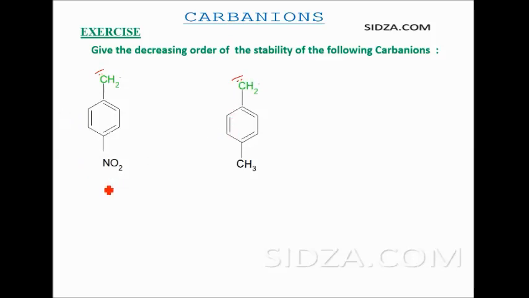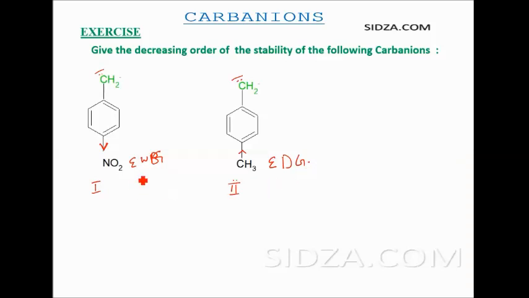The first one here is more stable than the second one. The reason is that both have the benzene ring. The only difference is that we have a nitro group, which is an electron withdrawing group, and the methyl group is an electron releasing group, or you can say an electron donating group.